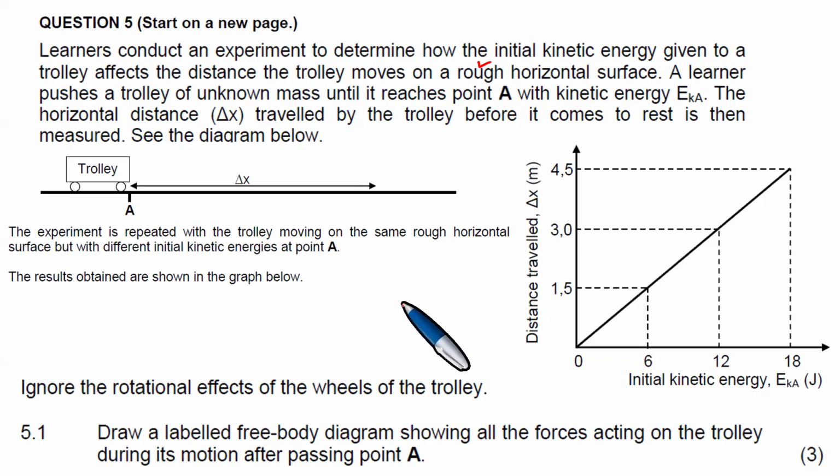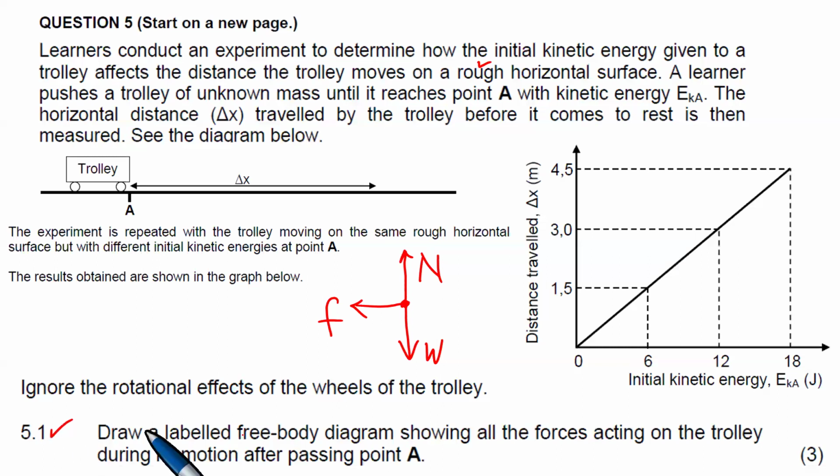The free body diagram therefore is going to be such that this trolley is going to have a weight. This is going to have a normal force. This is going to have friction, because the surface is rough.